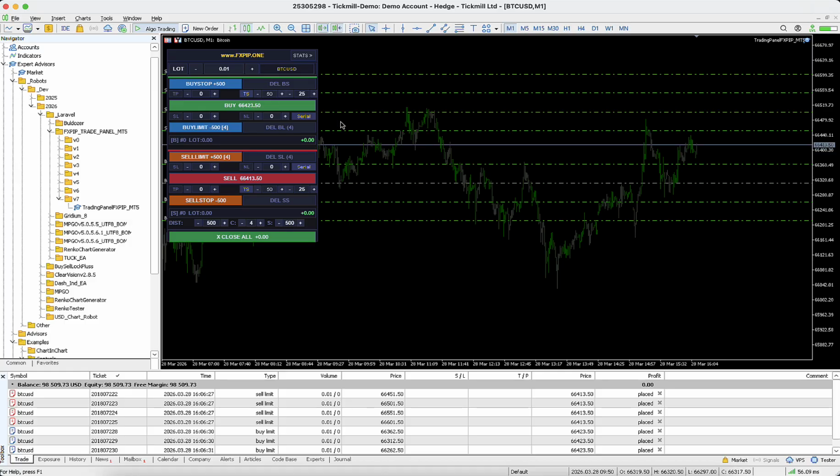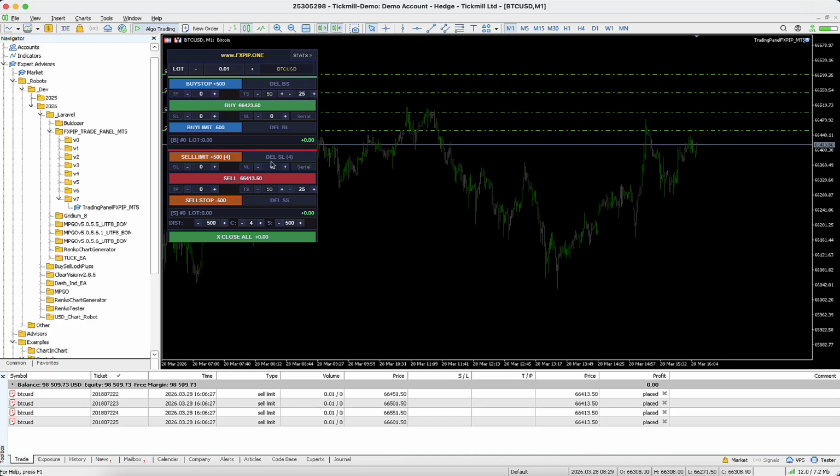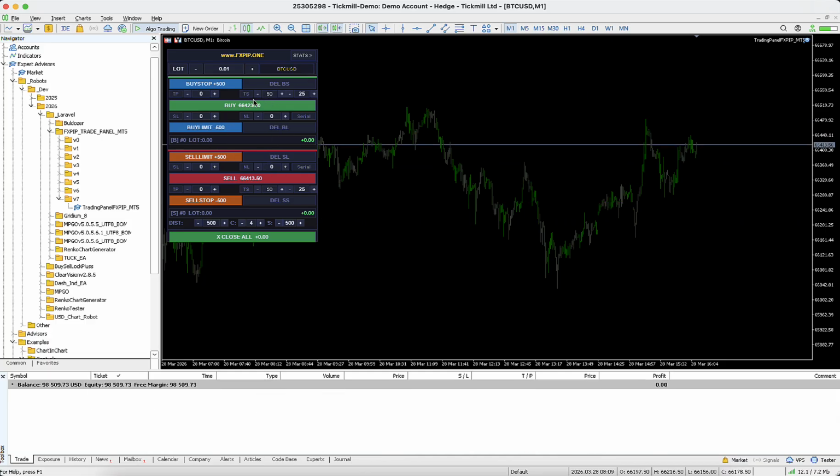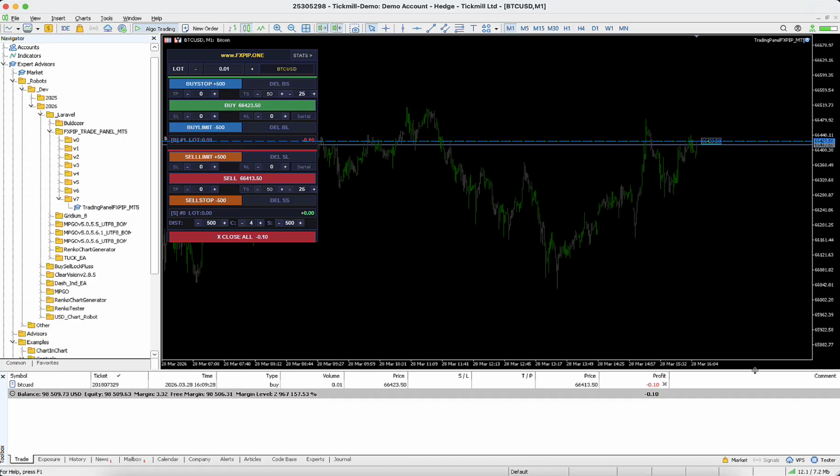If you don't use the grid and are just trading separately, and you'd like to make a trailing stop for a separate position, all you do is have a market position, and once you activate the trailing stop, it will use the trailing stop for every separate position.